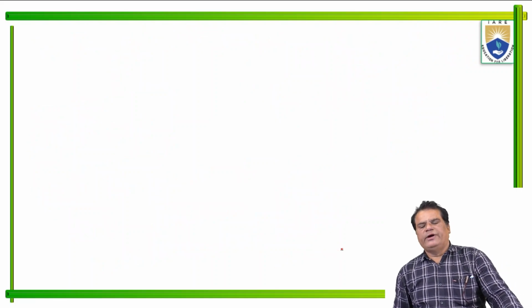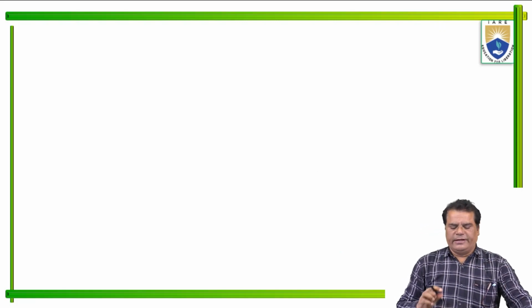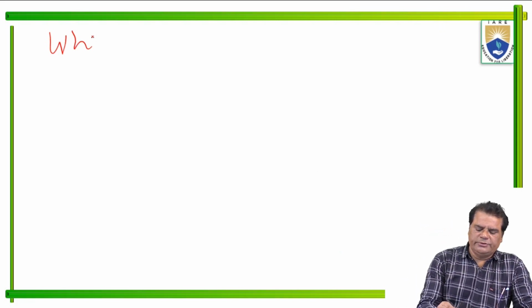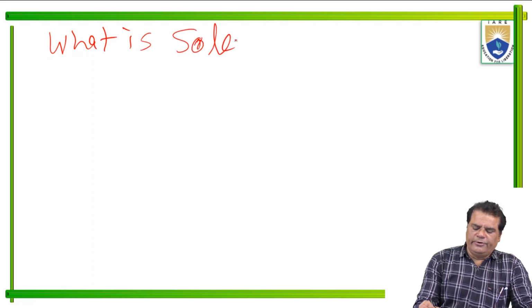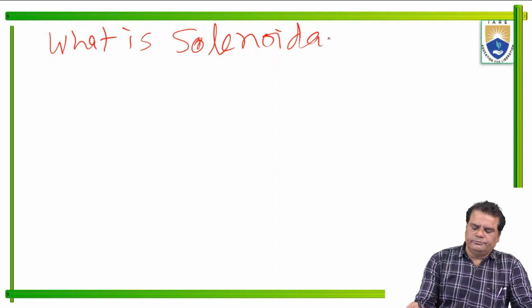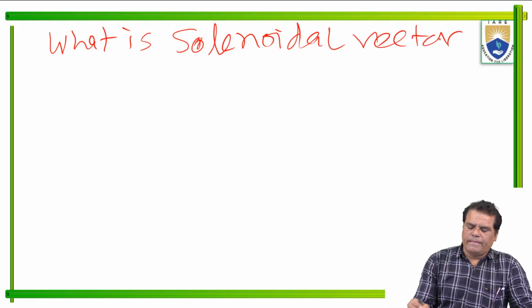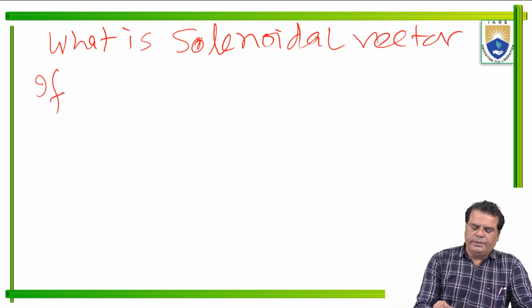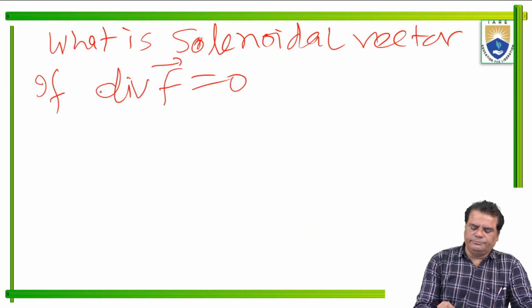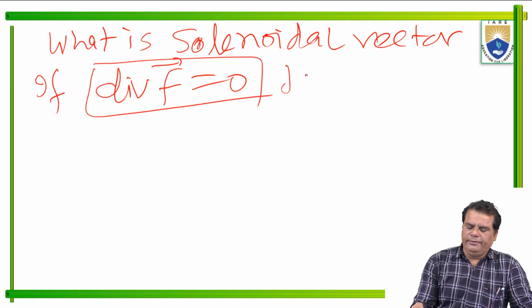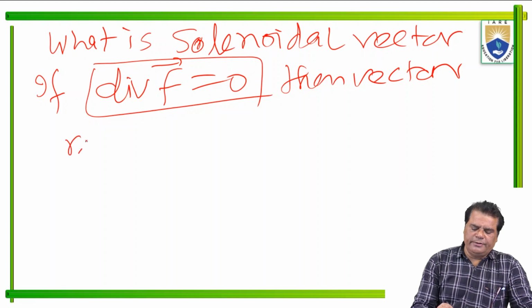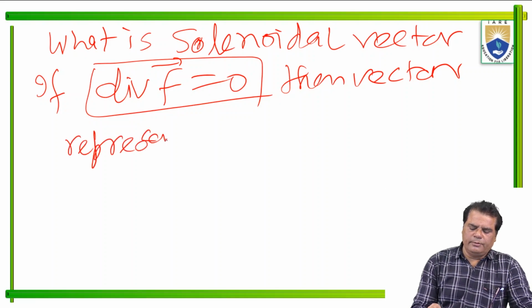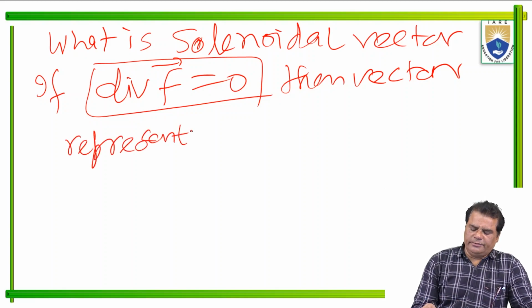Now next, what is a solenoidal vector? If divergence F equals 0, then the vector represents a solenoidal vector.